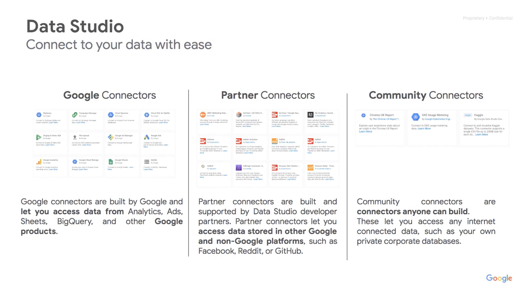We also have partner connectors, which are built and supported by Data Studio dev partners. Partner connectors let you access data stored in other Google and non-Google platforms, such as Facebook, social, and other DSPs or other platforms that you are using on a daily basis, that are present in your media plan.